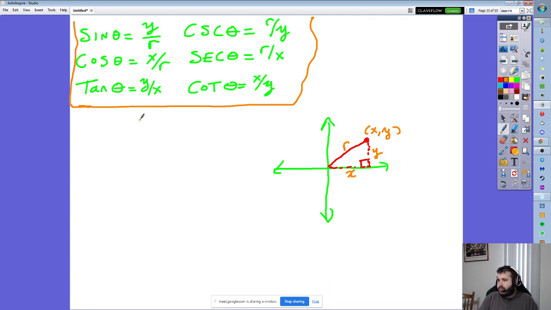For right now, if you want to keep going with SohCahToa and just put this off to the side in your notes and put a little cloud around it and say someday, then great, that's fine. But pretty much everything we're going to be doing is still going to be centered around SohCahToa, to be honest. Especially for the next couple weeks, if we're doing anything with trig triangles, I'm going to say SohCahToa.